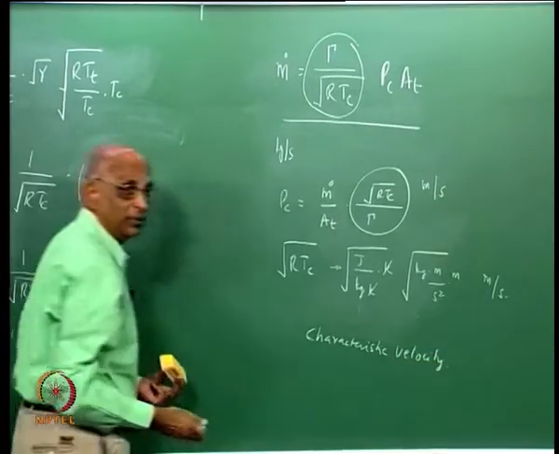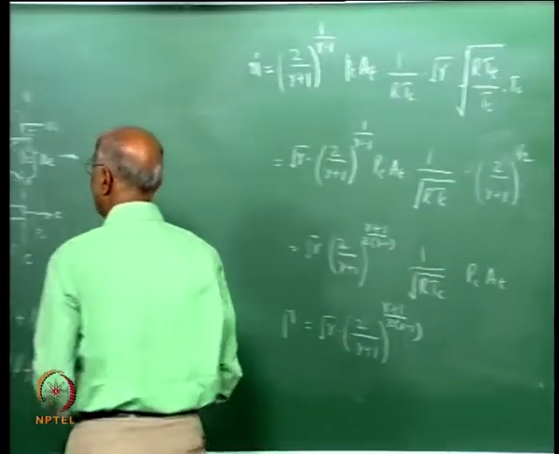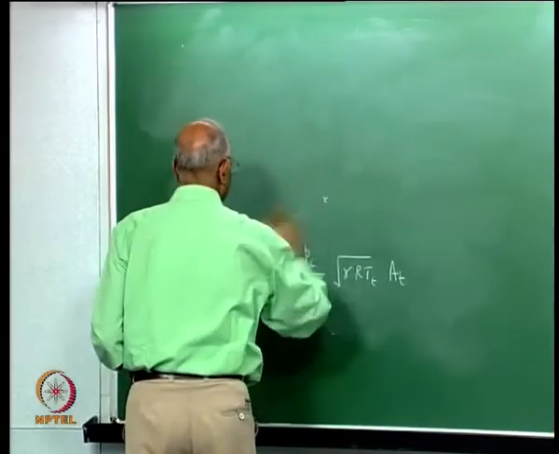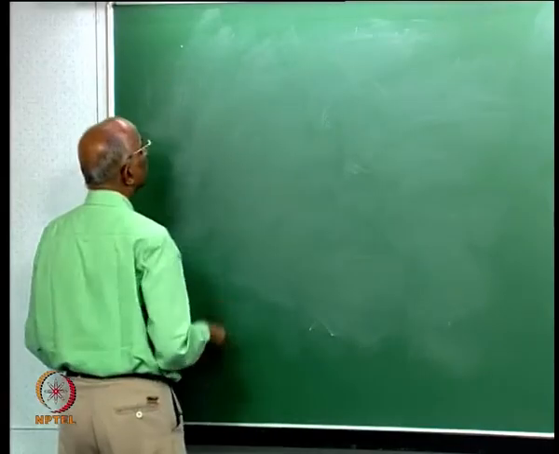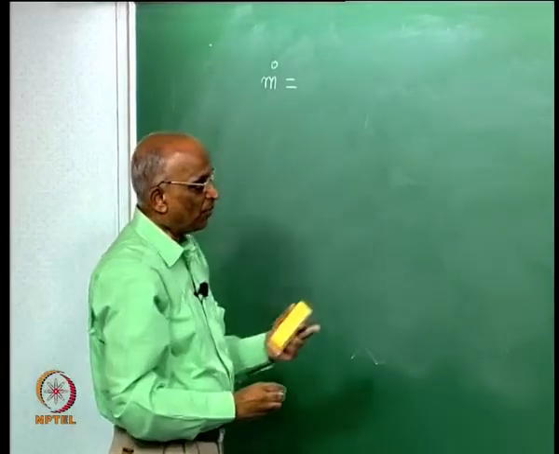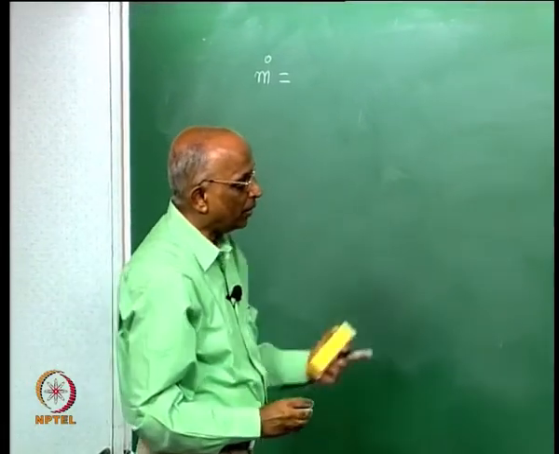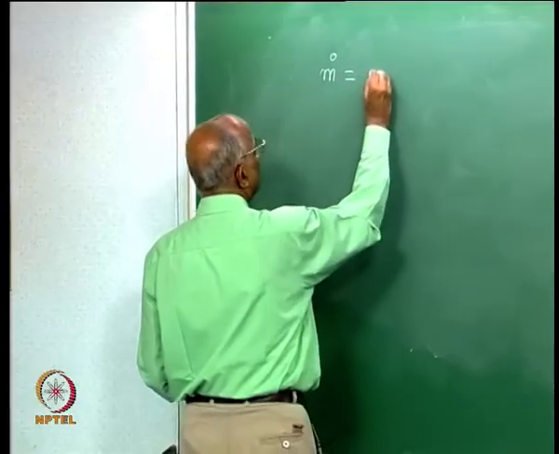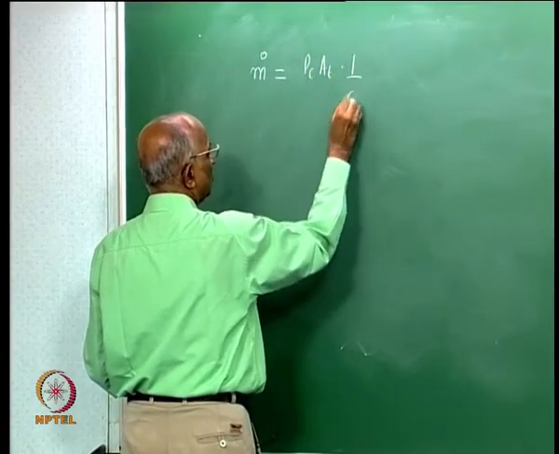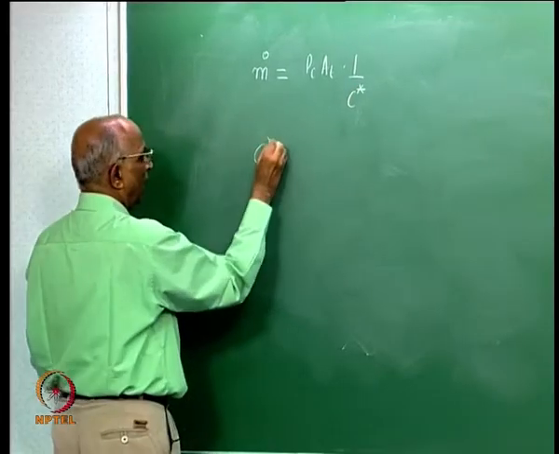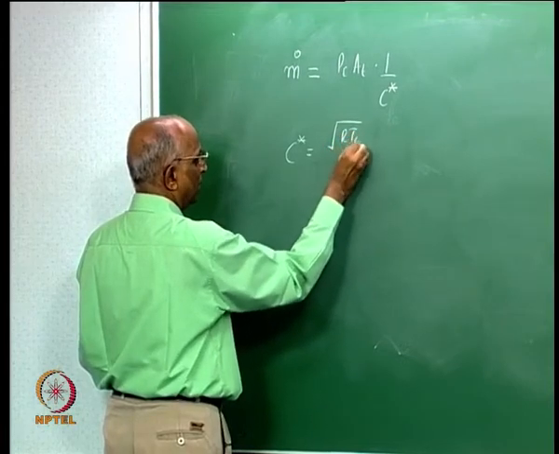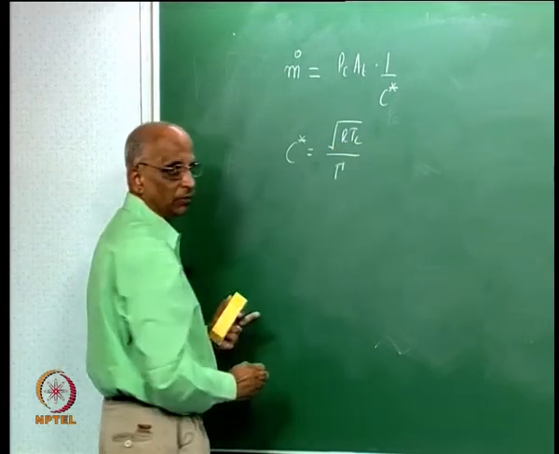Therefore I can now write my value of m dot, from that expression I get m dot is equal to PcAt into 1 over C star, where C star I define as a characteristic velocity which is equal to under root RTC by capital gamma.